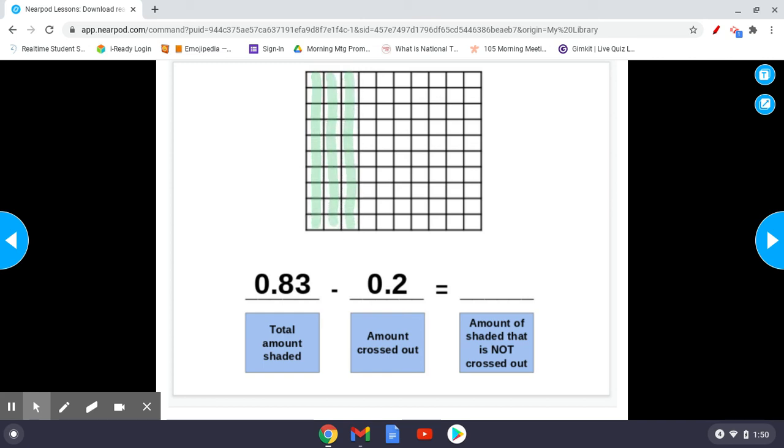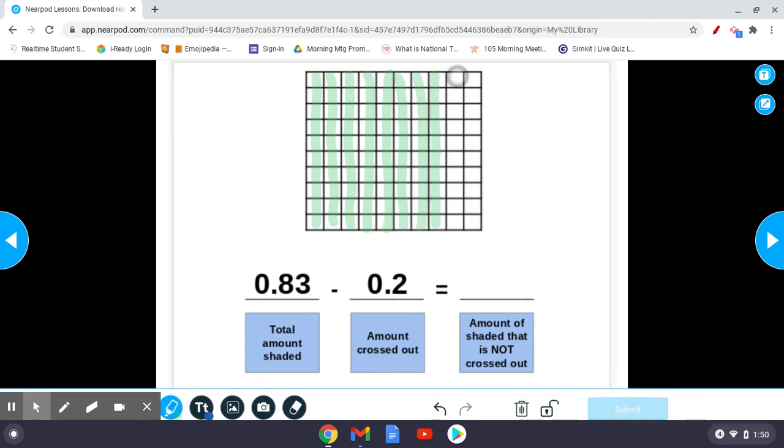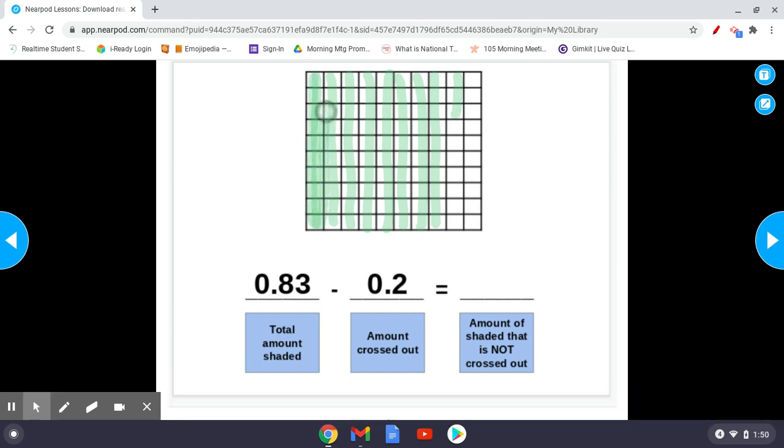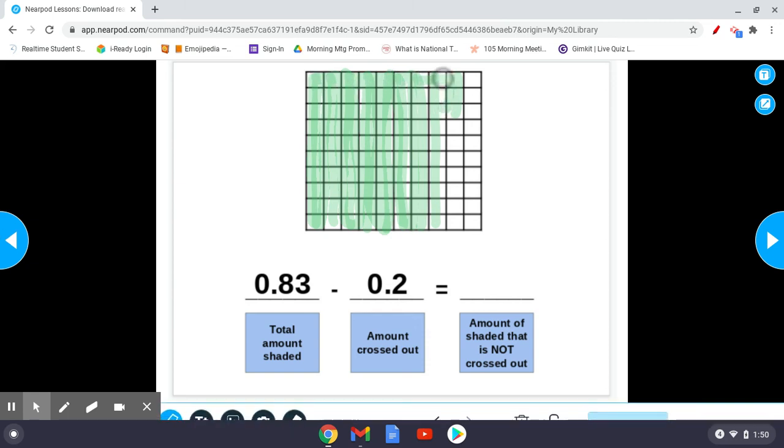All right, so I'm going to go ahead, 3 tenths, 4 tenths, 5 tenths, 6 tenths, 7 tenths, 8 tenths, and then 3 hundredths more. All right. So again, you can kind of see that shaded in. I'll add some extra shade throughout, get rid of all of those white parts. And again, it's super important that you're being as neat as possible when you're shading.